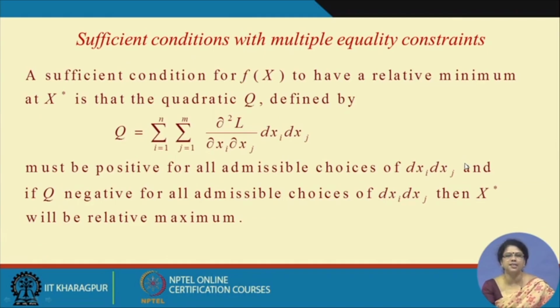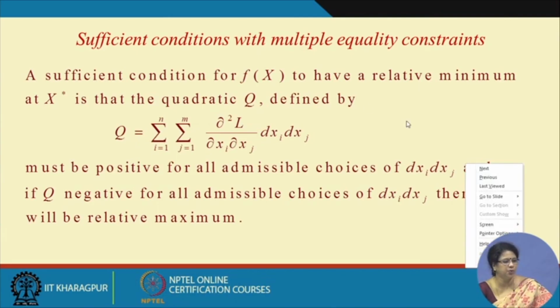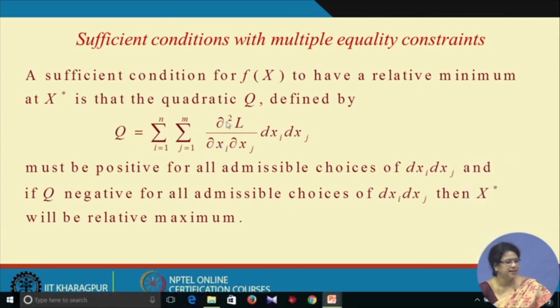Now, if I ask what the sufficient condition is, again it comes from the Hessian matrix of L. The Hessian can be written in a quadratic form Q very nicely like this: the summation of del 2L by del xi del xj dxi dxj, with i running from 1 to n and j from 1 to m.